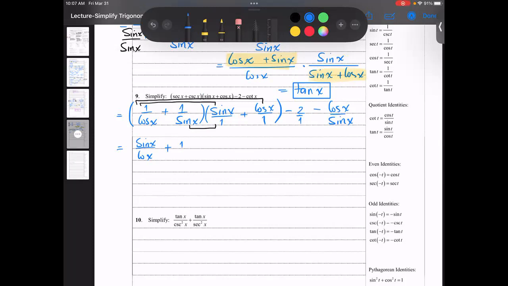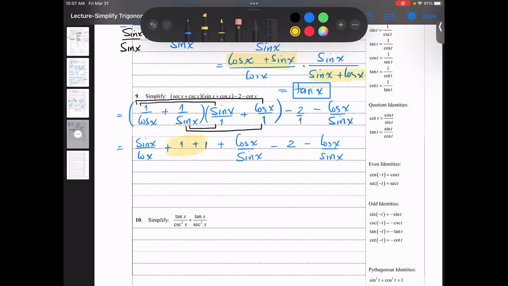Plus 1 again. What about that one? The last one. Yeah, it's just one step at a time, right? Minus 2 minus cosine x over sine x.